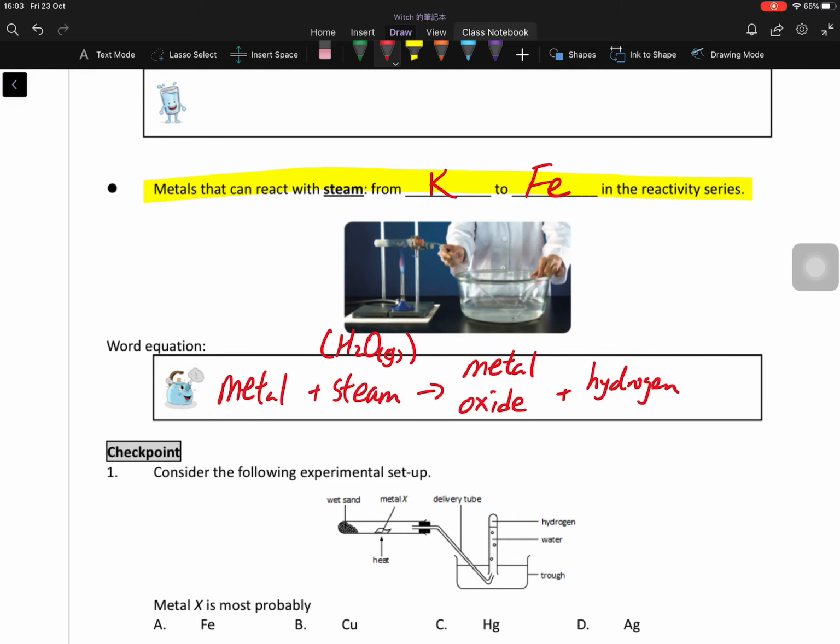Now this equation is important, but I think you're sure enough. Oxide is O2-. So you can make a chemical equation by yourself, but the problem is how the reaction goes on, and what the reaction setup looks like.